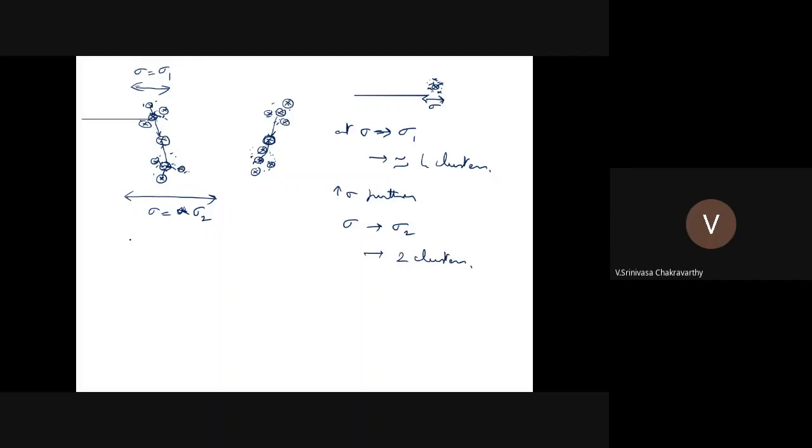And let me call a bigger scale of this sigma equal to sigma 3. So you increase sigma further, and when sigma goes to sigma 3, can somebody guess what will be the number of clusters? One cluster.